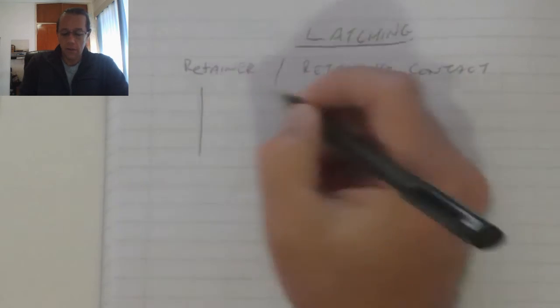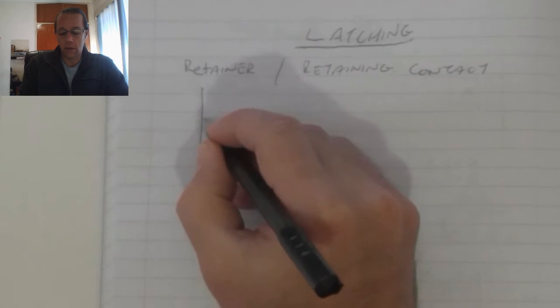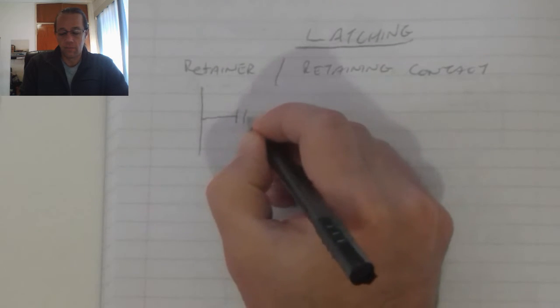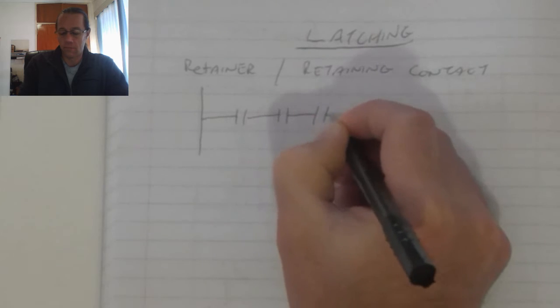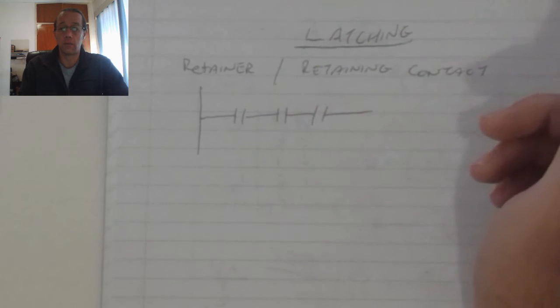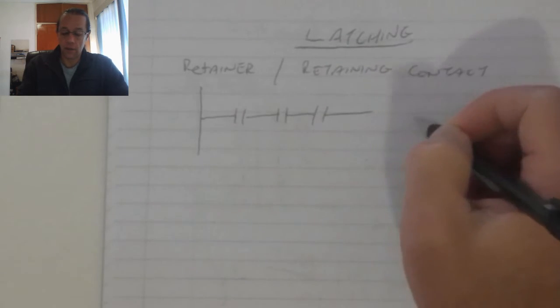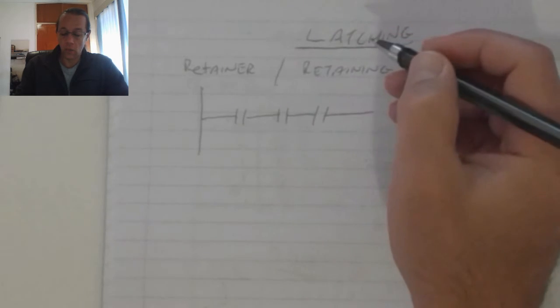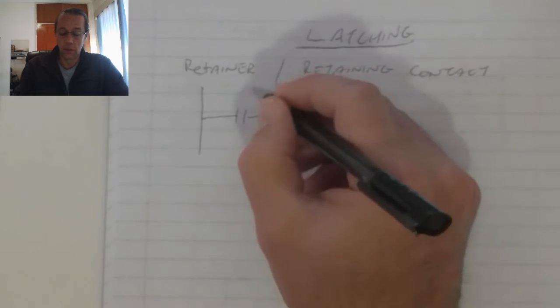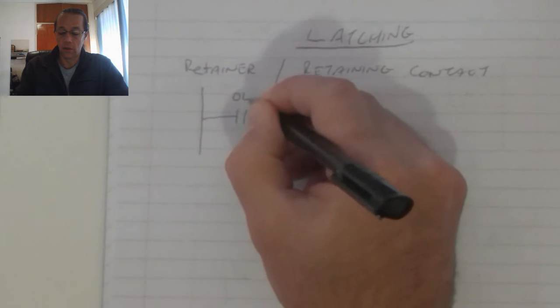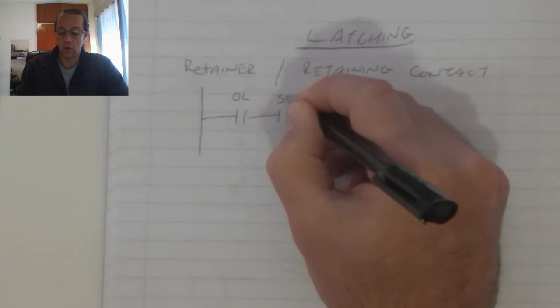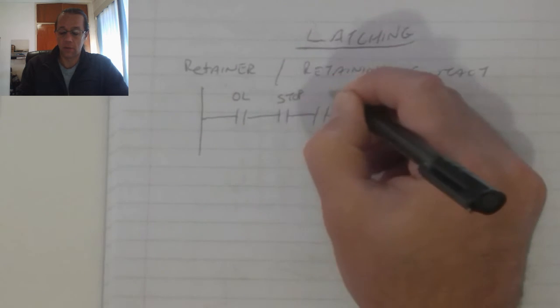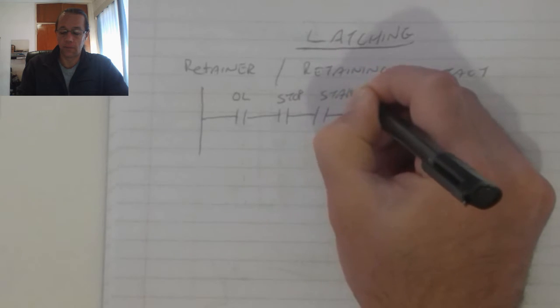In this process, on the PLC program, we will have our ladder diagram, and we will have, for example, let's say that's an overload, that's a stop, and that's my start.